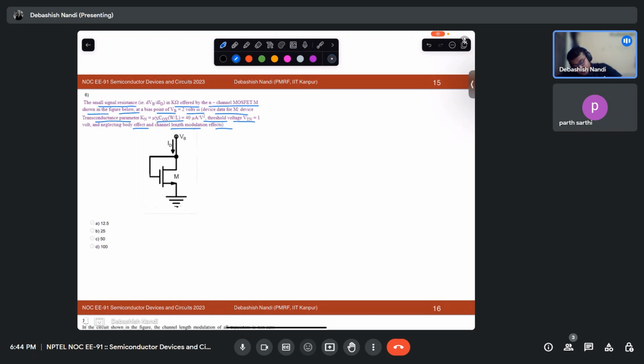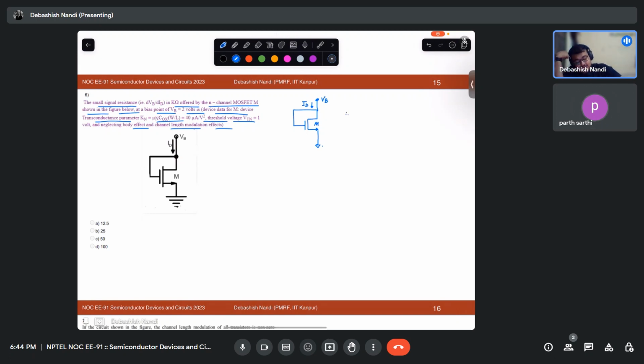So what is happening actually? Your gate and drain are connected. This is your VB. This is ID. This is the MOSFET.